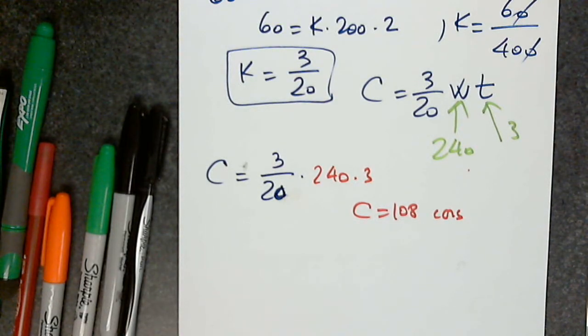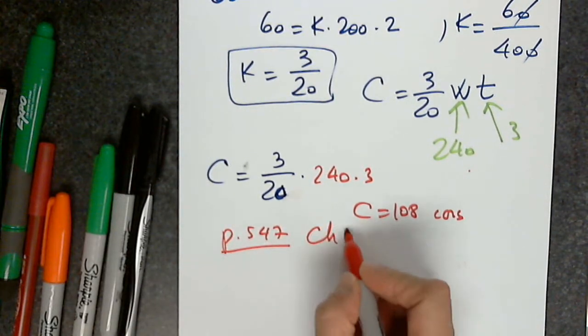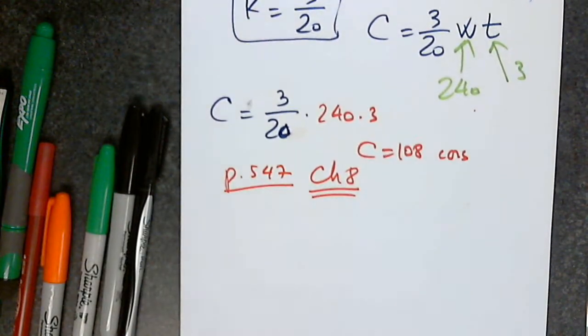So on page 547, we are reviewing chapter 8 for our first test. Okay, so we can have word problems like we had on the previous quiz that I just returned. We can have graphing lines.